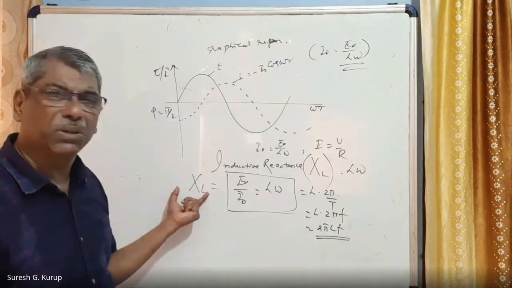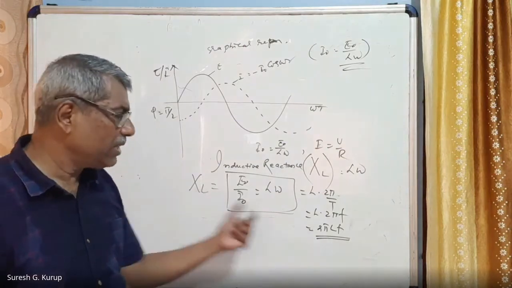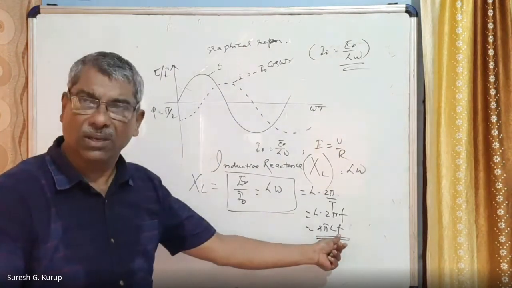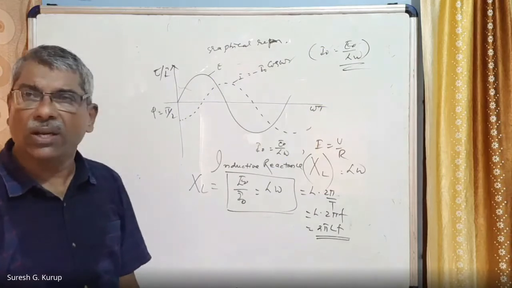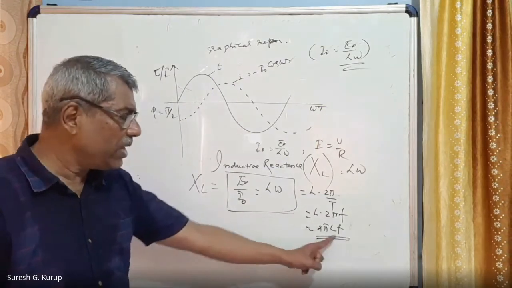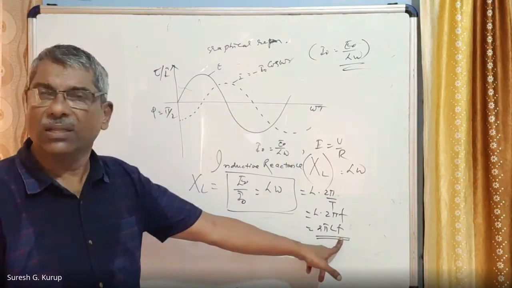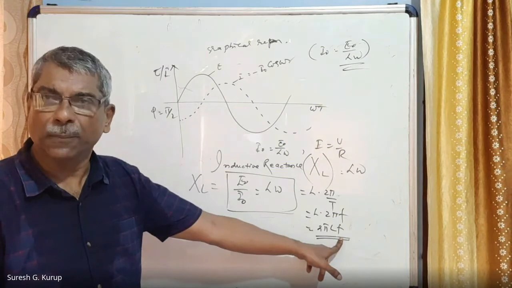You will see one more thing, that XL or the inductive reactance of an inductor is frequency dependent. Reactance is not a constant. Reactance of an inductor varies with the frequency of the applied EMF. That is a very, very important thing, right?